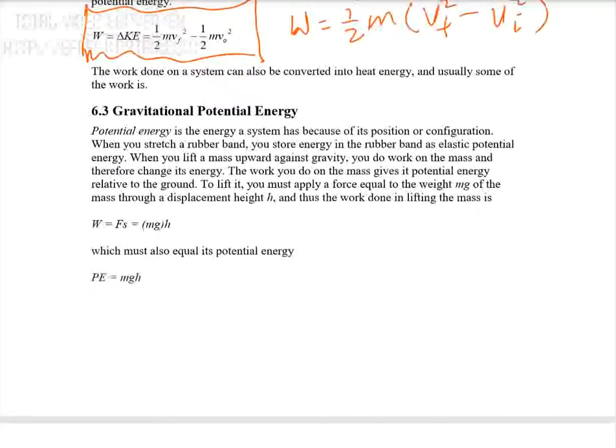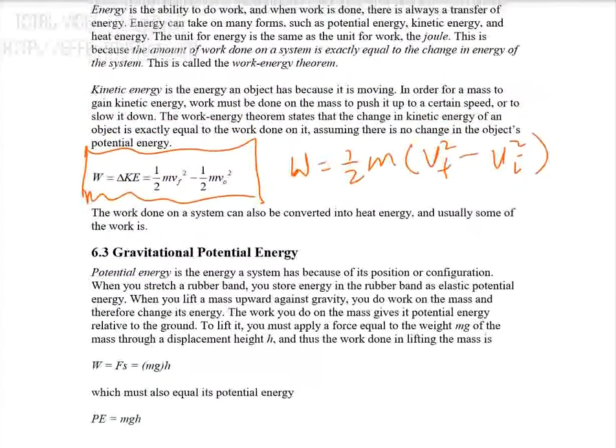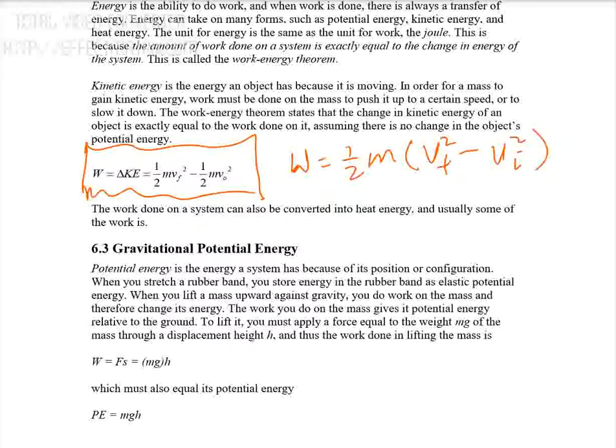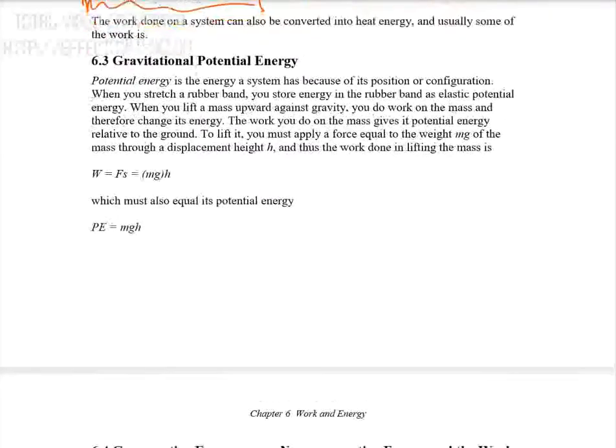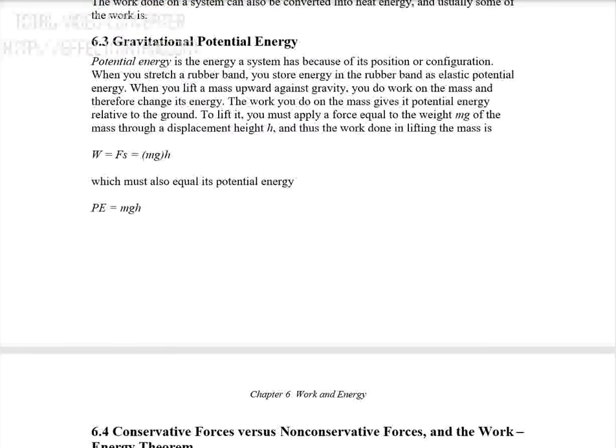The third one is gravitational potential energy. Here, kinetic energy and gravitational potential energy have a difference. Kinetic energy is an energy possessed because of the movement of an object, that means because of its speed. And potential energy in general is an energy possessed because of position change.